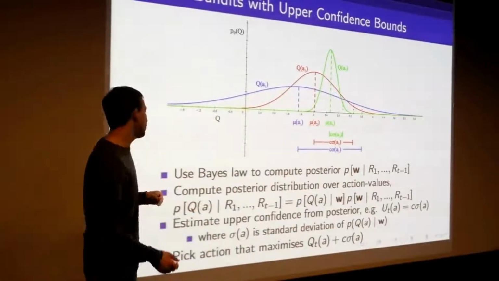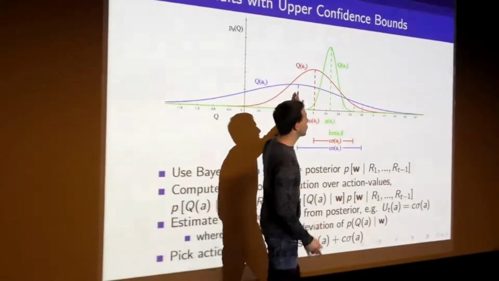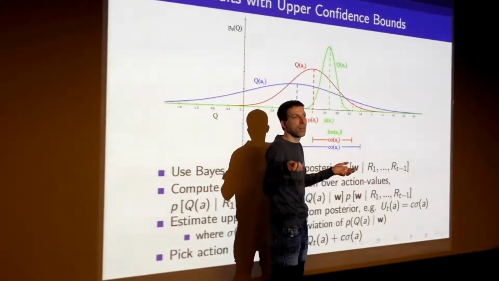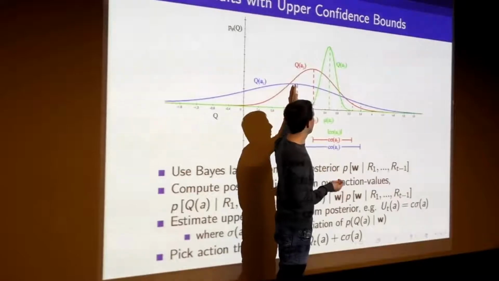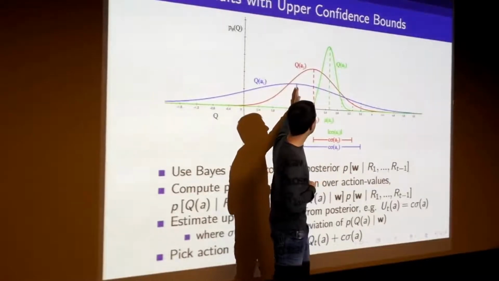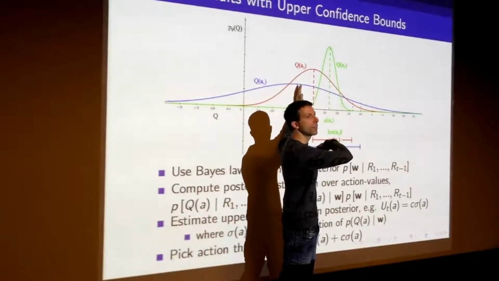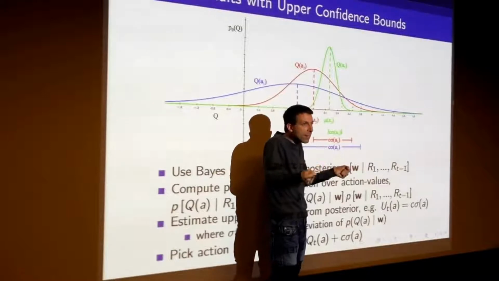And then what we do is we just want to compute, again, something which characterizes the tail of this distribution. We want to get the equivalent of our 95% confidence band again. So the U value that we add on now is just some multiplier, some number of standard deviations of our posterior distribution. So we look at the width. Now we're not sure what this mean really looks like.